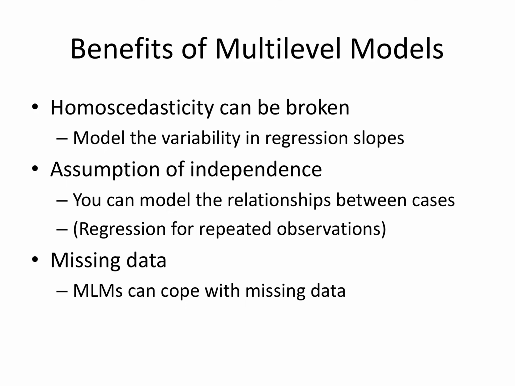So what are the benefits? Why do a multi-level model? Other than the power thing that I've already covered, which will be on another slide in a minute, you can actually break homoscedasticity, so it's almost assumed that it's not going to hold. So I can actually model that variability in the regression slope. Remember, heteroscedasticity is when we get that fan picture in a residuals plot.